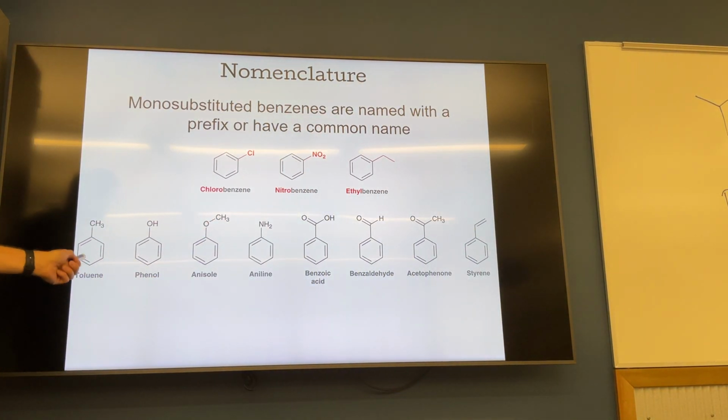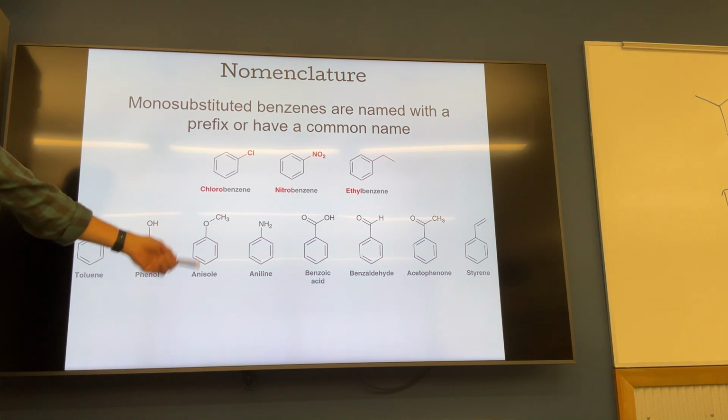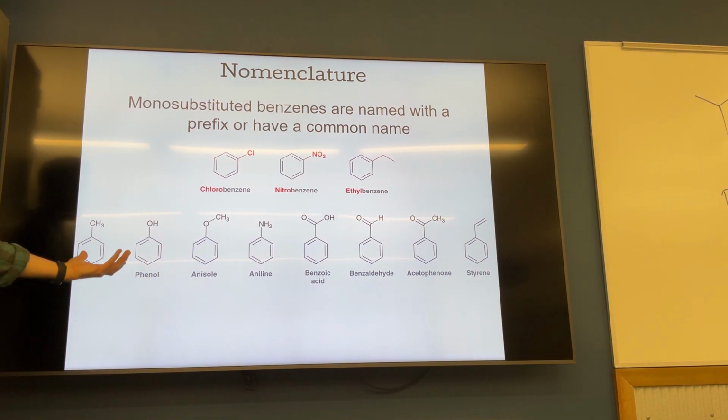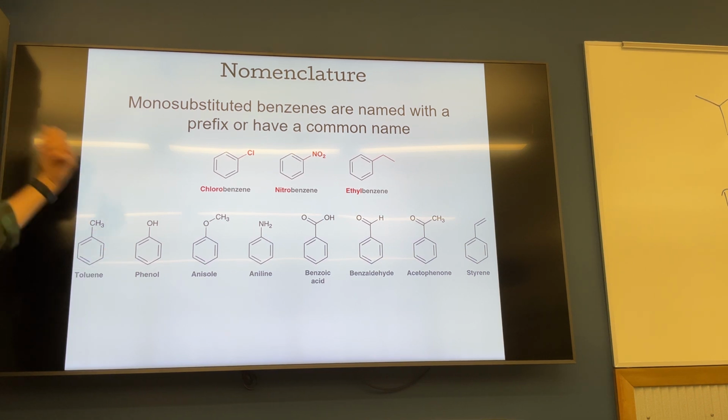Particularly be familiar with toluene and phenol, because that's going to pop up a lot when we talk about certain compounds. And anisole and aniline, a little bit. We'll talk about those. The nice thing is phenols and toluenes are pretty easy to recognize. If it's a benzene with a methyl, it's a toluene. If it's a benzene with a hydroxyl group, it's phenol.